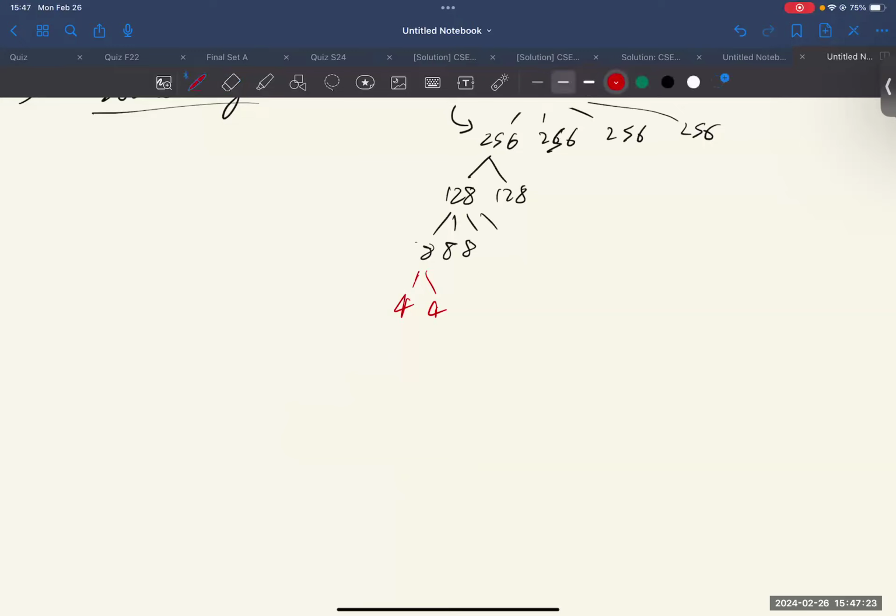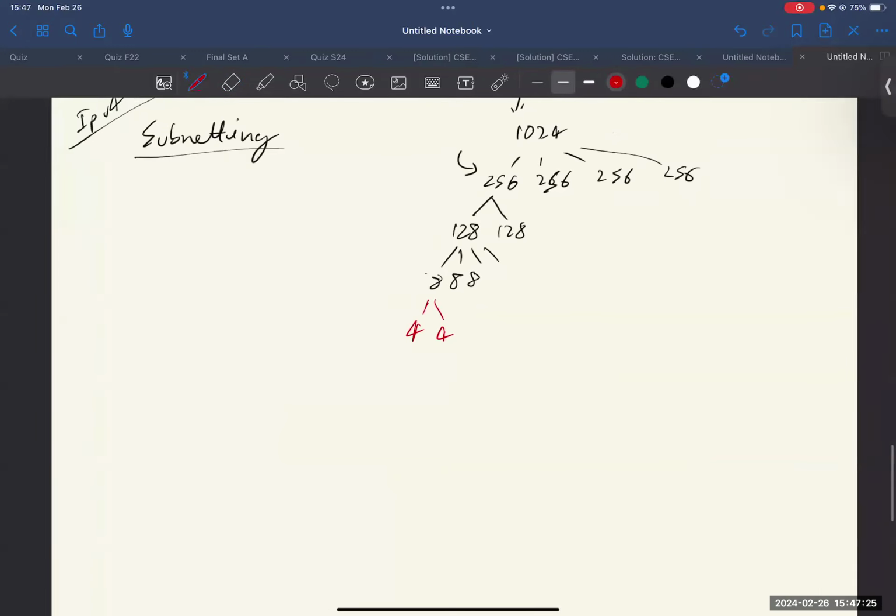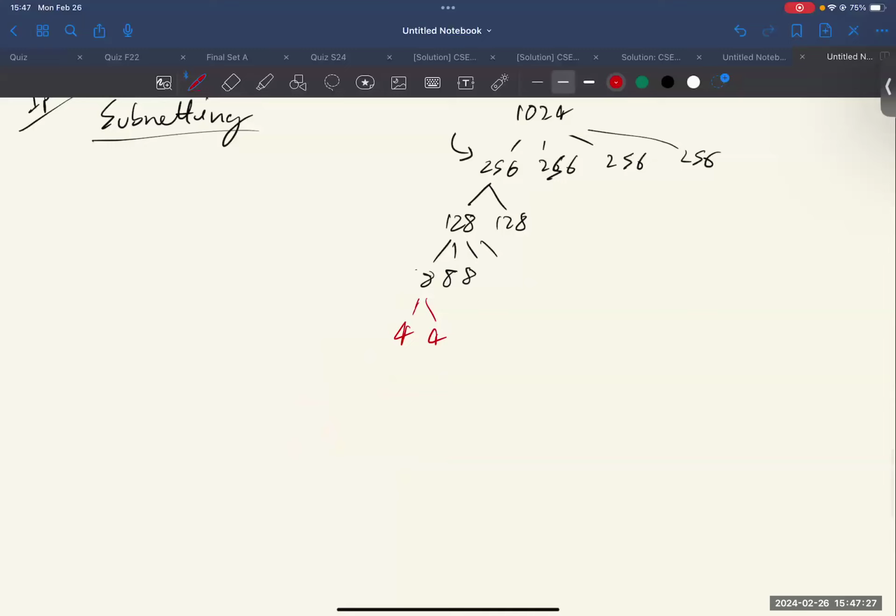All right, so how do we subnet this whole thing? How do we use subnetting in the IP address? So previously we learned that an IP address, say 10.0.0.0, can be divided into 2 parts. One part is the network, and the other is the host.